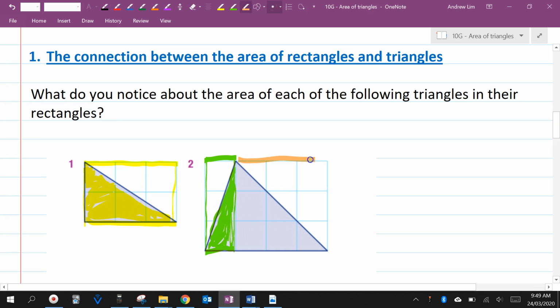And if we look at this bigger rectangle, even though technically it's a square, this triangle only takes up half of that area. What that means is that the big triangle takes up only half the area of the big rectangle.